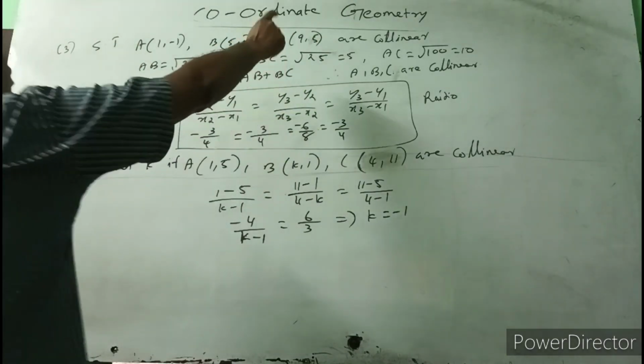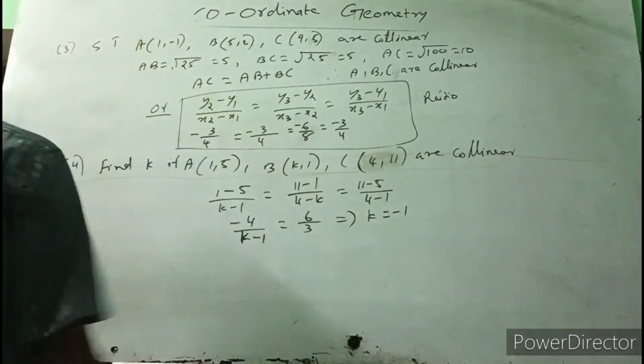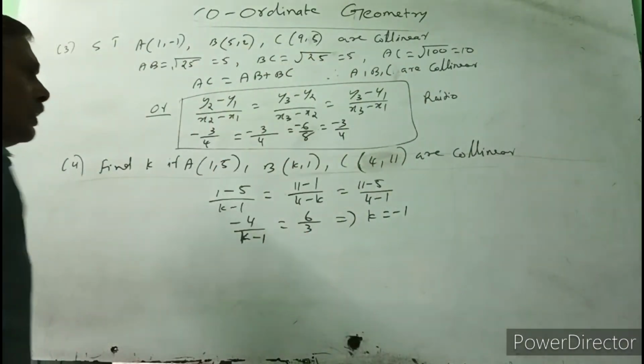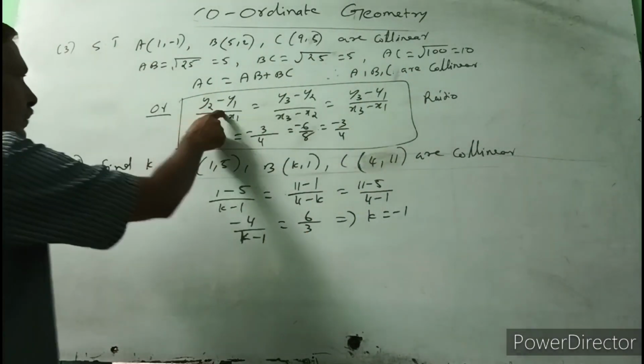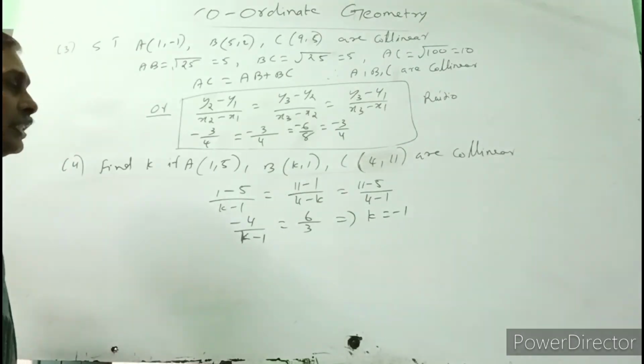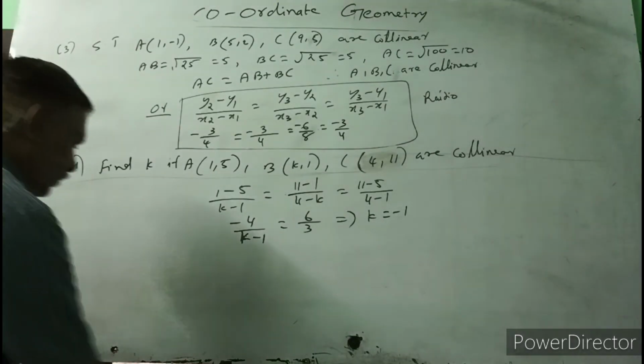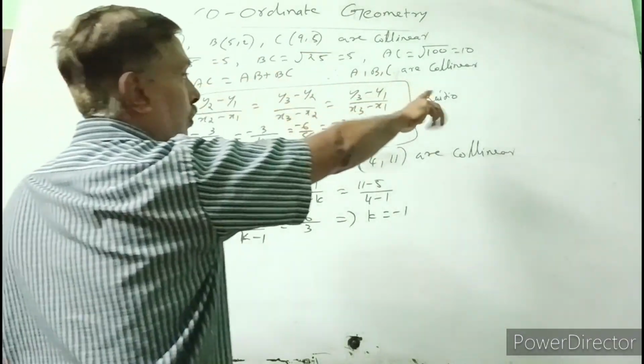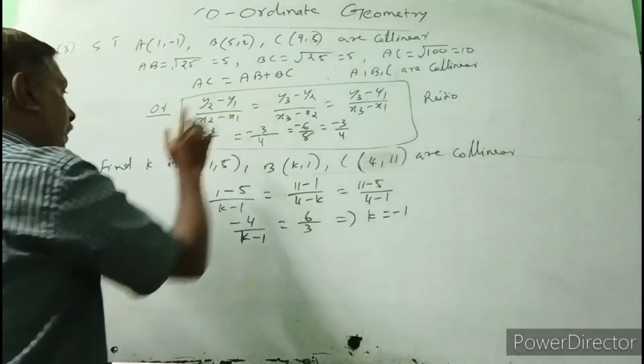So you will get it. The alternate method also gives the same ratio. But you will not use it in this type of problem. You will use this ratio form in this other type of problem. Very simple. Here, if you want to show that points are collinear, you apply the distance method, not the ratio method.